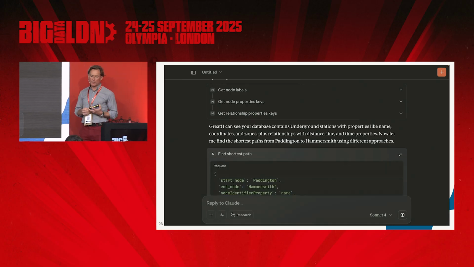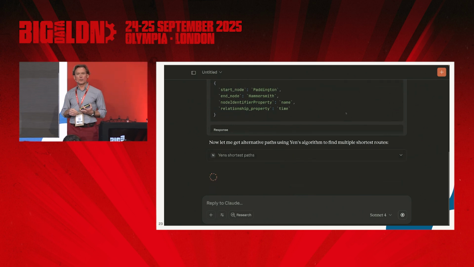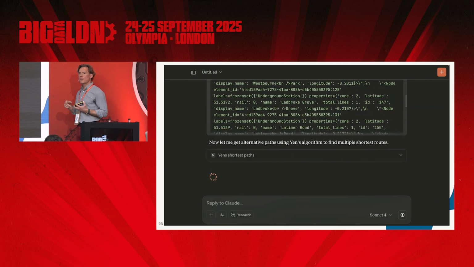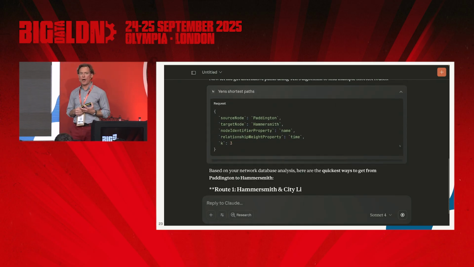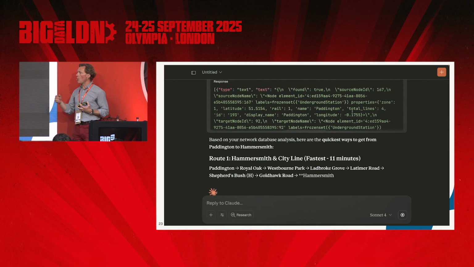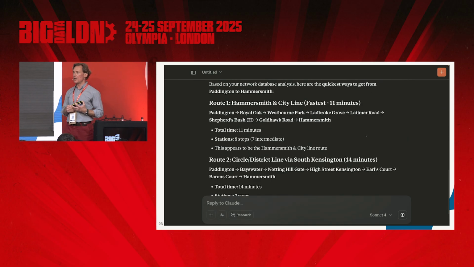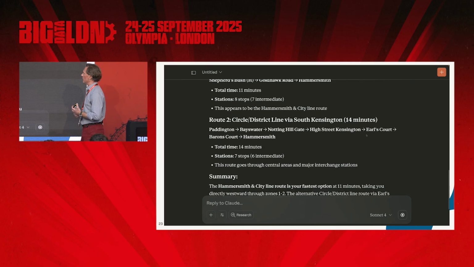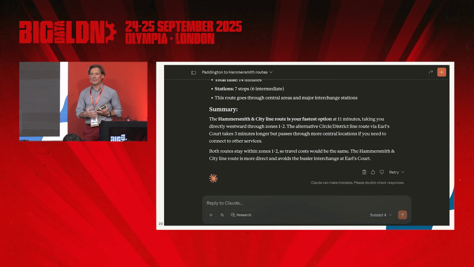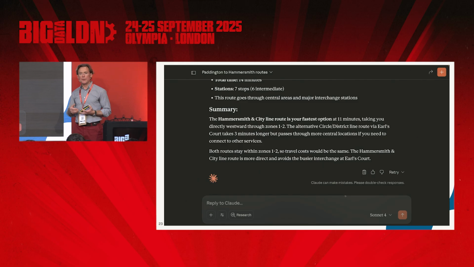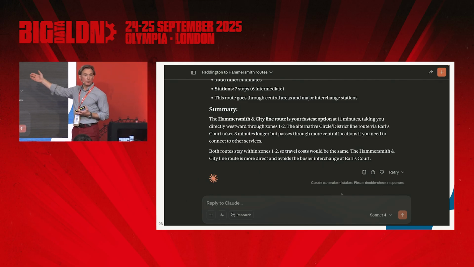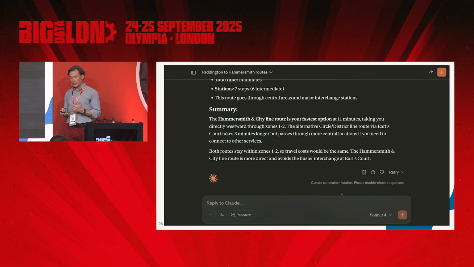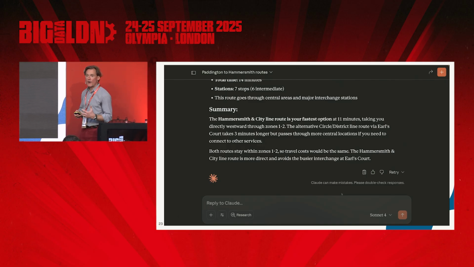It runs the shortest path and gets some results, but says let me see if I can find an even better route. There are about 8 or 9 path-finding algorithms, so it goes for Yen's shortest path algorithm, which is another kind of algorithm. It collects all of that data and passes it on to the LLM again, and the LLM works its poetic magic and comes up with a summary. That's fantastic. You can see how it interacts.